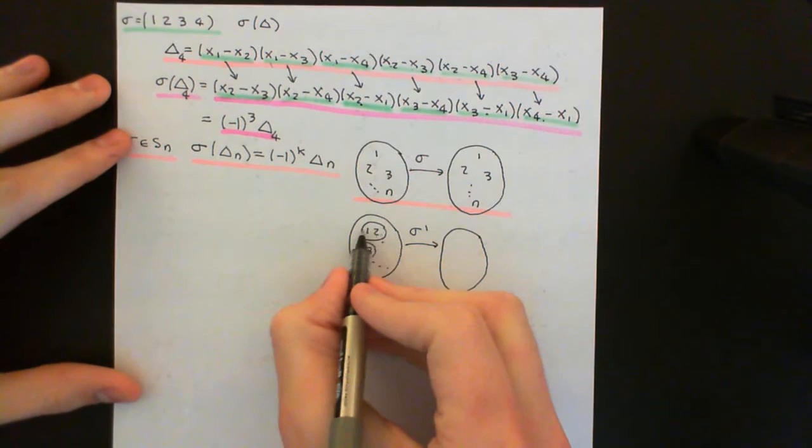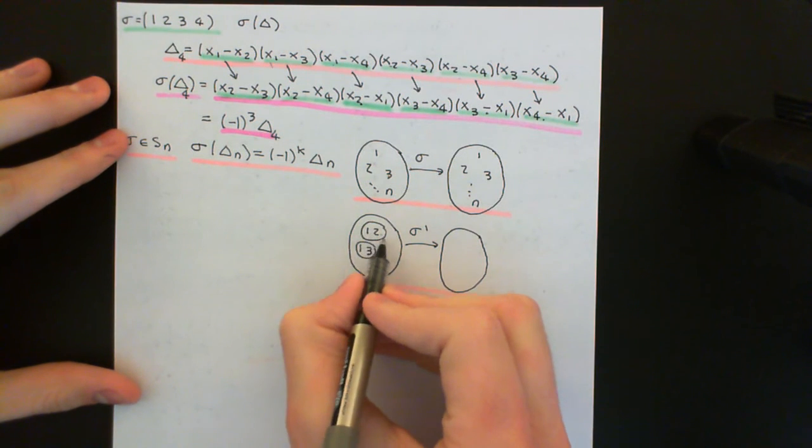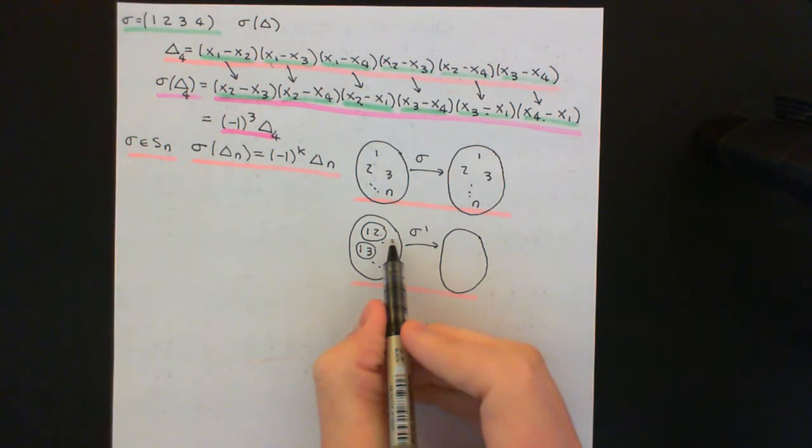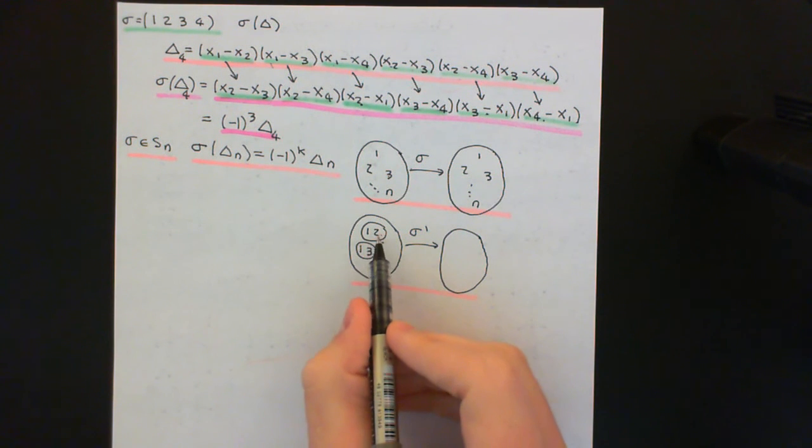So I'm not interested in 2, 1 as being a different pair from 1, 2. I'm only interested in each pair once. So I'm not interested in pairs that contain an element more than once, and I'm not interested in counting different orders as separate.